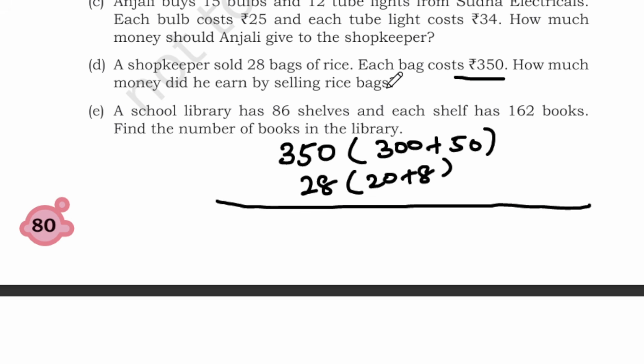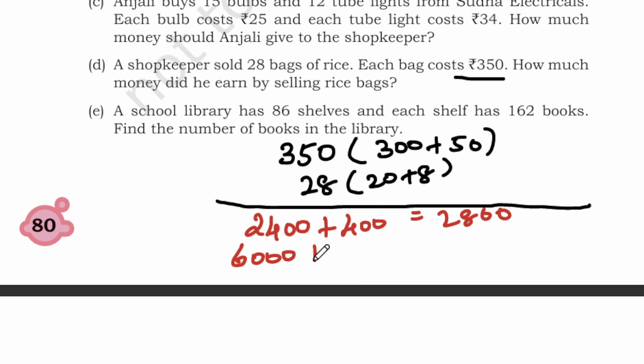Okay, first 300 into 8, which is 2400, plus 50 into 8, which is 400, so 2800. Next 300 into 20, which is 6000, plus 50 into 20, which is 1000, so 7000.